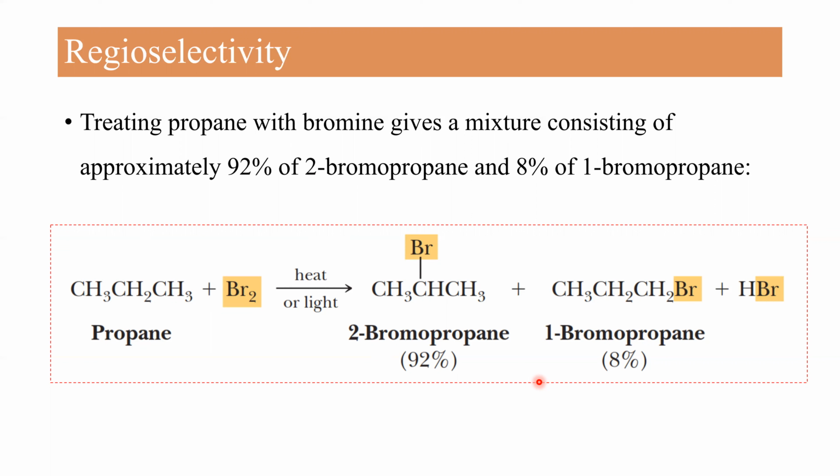Do we always get a mixture of products in the halogenation of alkanes, or are there some kinds of reactions where we get only one kind of product? And if we get a mixture of products, are they in different percentages, or do we get 50-50, or maybe a major difference in the percentages, right?